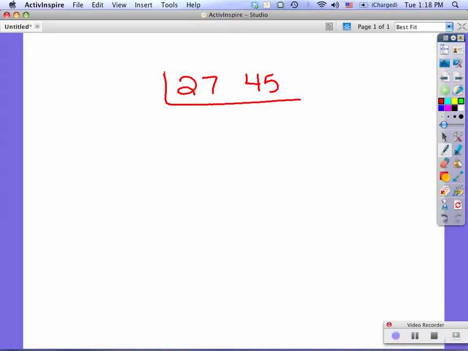But if we add 2 plus 7, we get 9. Does 3 go into 9? Yes. We add 4 plus 5 and we get 9. Does 3 go into 9? Yes. So we know that 3 goes into both 27 and 45. 3 goes into 27 9 times.